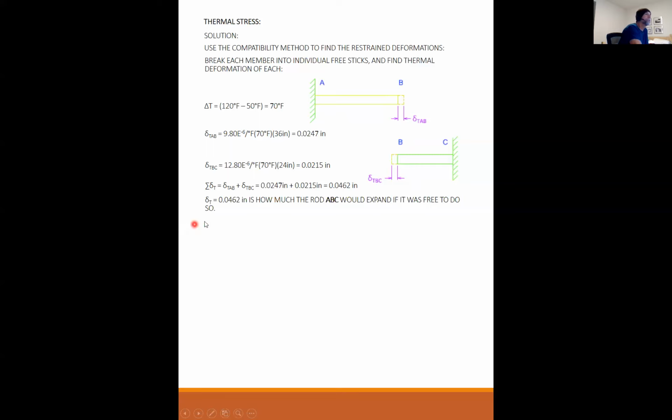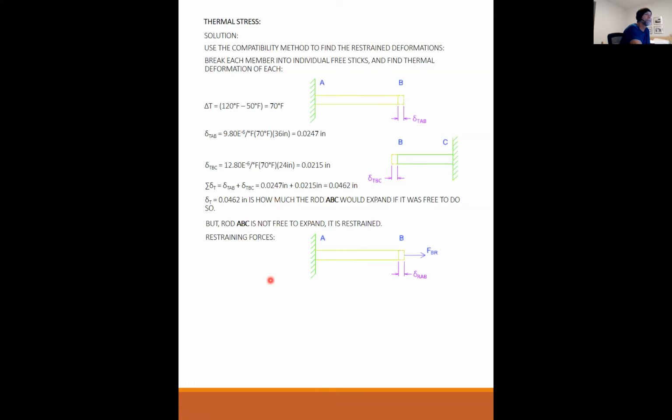So delta T is equal to 0.0462 inches is how much rod ABC would expand if it were free to do so. But rod ABC is not free to expand, it is restrained. So now we have to find our restraining forces.